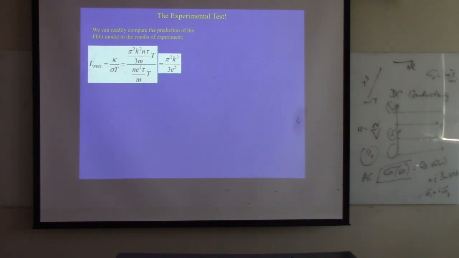K is from electrons, and sigma is also electronic. Your electrical conductivity and thermal conductivity ratio for a given temperature is always constant. But if you change T, that changes. But for a given temperature, that ratio is constant. That means if I try to increase my electrical conductivity, thermal conductivity also increases, right? If I decrease my electrical conductivity, thermal conductivity also decreases.